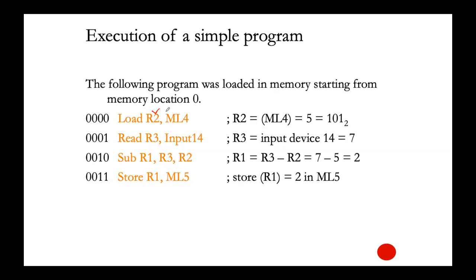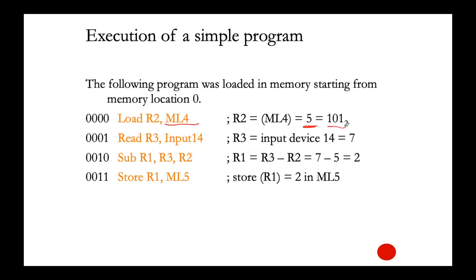So here is R2 and R1, and they become the source and the destination itself. R2 is source as well as the destination. It is like memory. So what is happening here? We are using ML4, that is, the operand is available at memory location 4, and the operand in that memory location is 5.